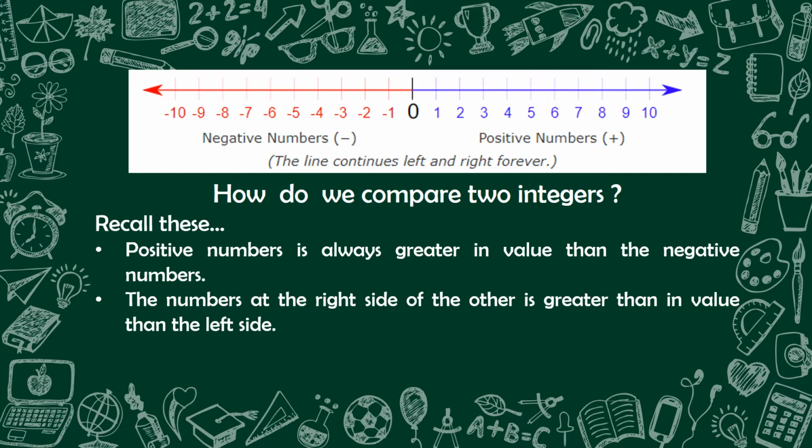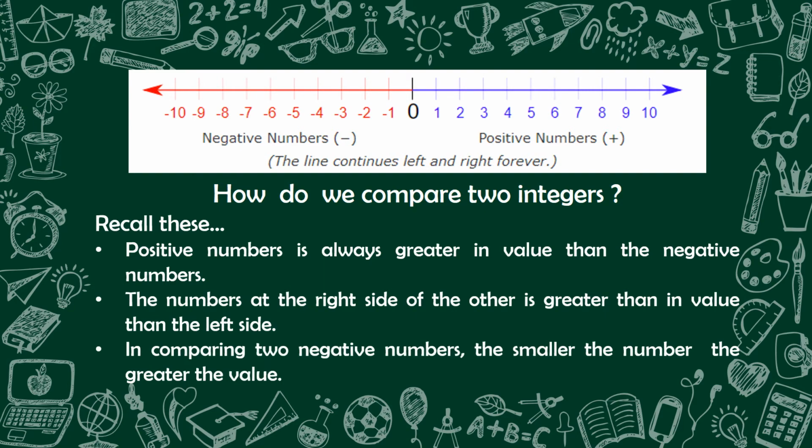So tandaan natin sa pagko-compare gamit ang number line, kung ano ang number na laging nasa right side ay mas mataas ito palagi kumpara sa nasa left side niya. In comparing two negative numbers, the smaller the number, the greater the value. Kapag naman dalawang negative numbers ang kinukumpara natin, mas mababa yung number, mas mataas ito sa value.